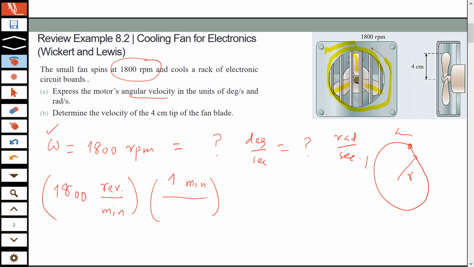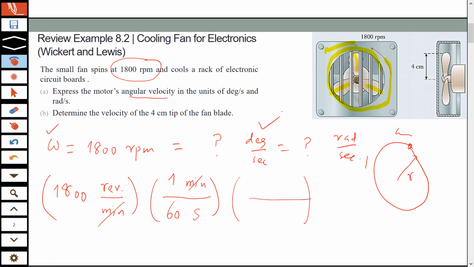So 1 minute, and what should I write in the denominator now? How many seconds? 60 seconds, yeah? 1 minute divided by 60 seconds is like multiplying by 1, okay? So I can get rid of the minutes. What else do I need to do?